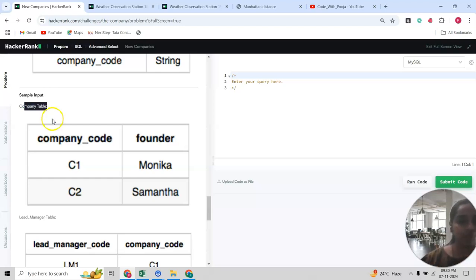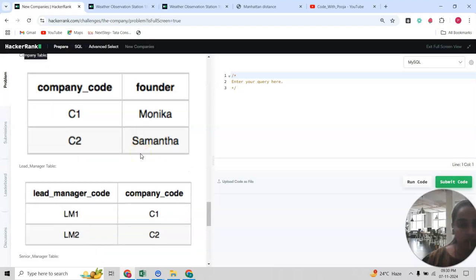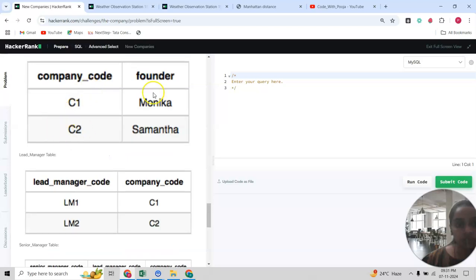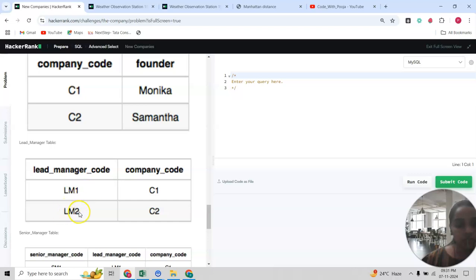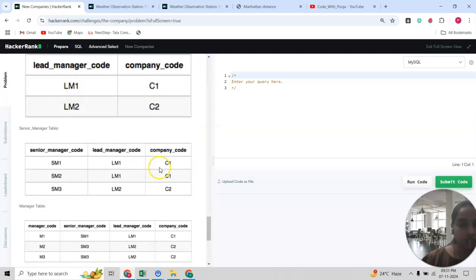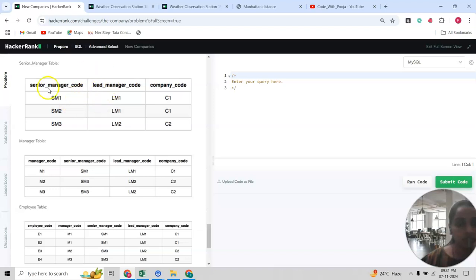The Company table will contain company codes with Monica and Samantha, who are the founders of the companies. L1 and L2 are the lead managers of the company, and the lead managers also have some senior managers under them, and these senior managers also have managers under them.